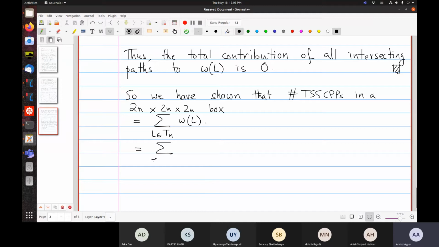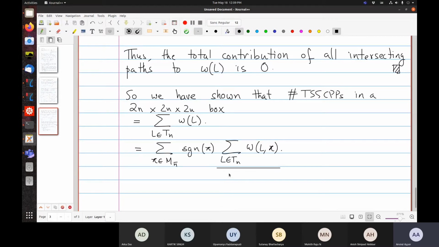So I'll first sum over pi in Mn bar. Then I'll write sign of pi. And I'll write the sum over L in Tn of Wn. Okay. So the aim now is to express this as a Pfaffian, and you can see that the starting point is correct. So if I can express this as a product of entries of some matrix appropriately, then I can write it as a Pfaffian.